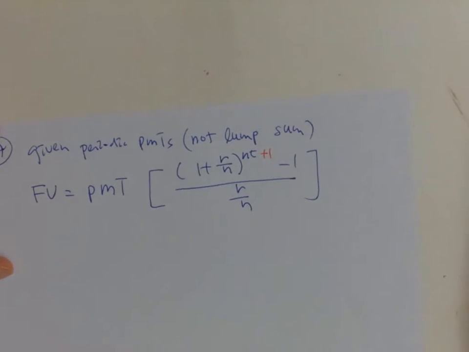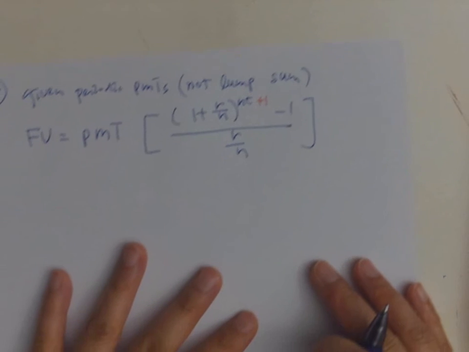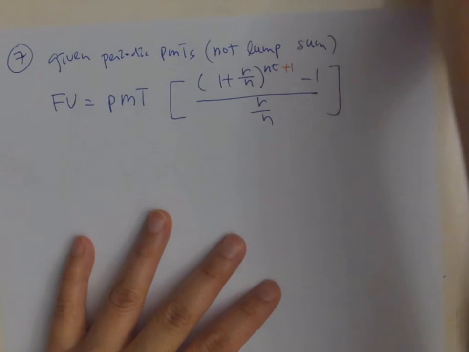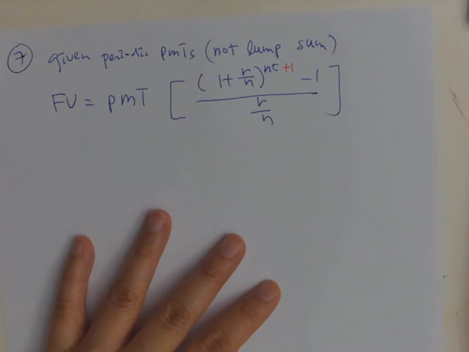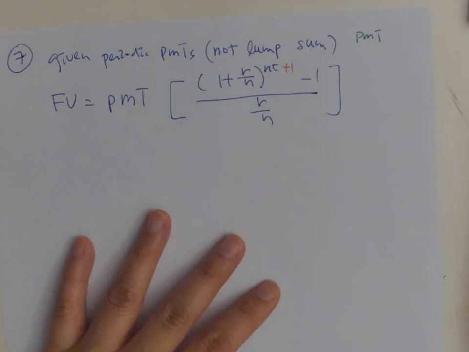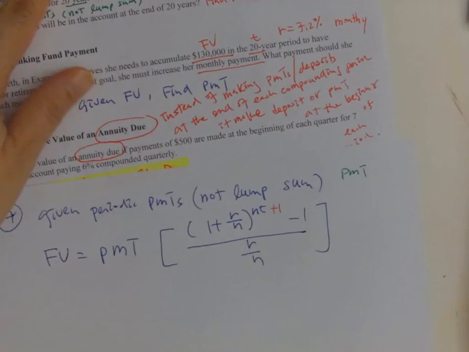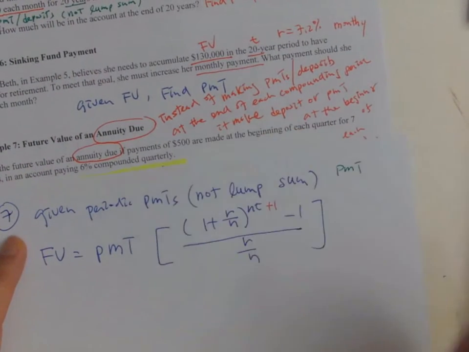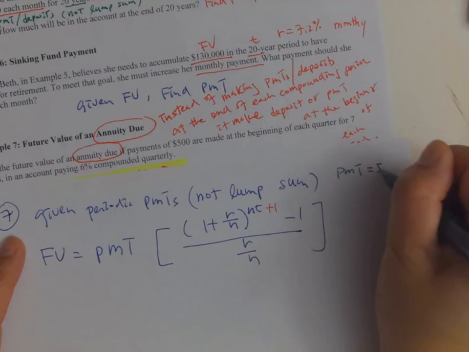Alright, and then we're going to list the things that we know on the side. So we have payment. Let me put the question up. Okay, payment is $500 each quarter, right?